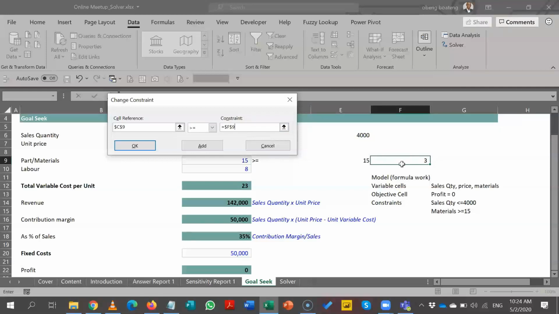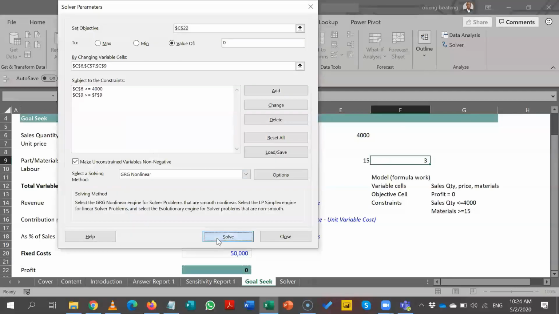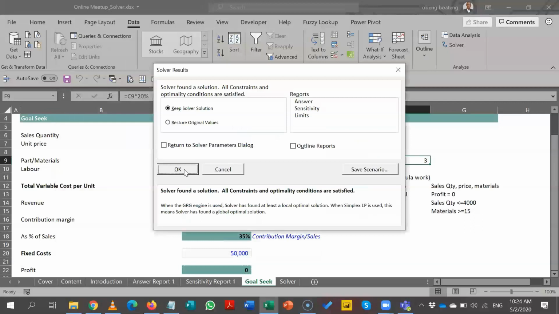Do you get it? Yeah, I do. So you can point the constraint to a formula, in which case this is the 20% I have calculated. So I'm saying that C9 should not be greater than or equal to F9. F9 is calculated as 20% of a certain cell. You can do that. So let's see if that gives us a solution. Yes, we have a solution.